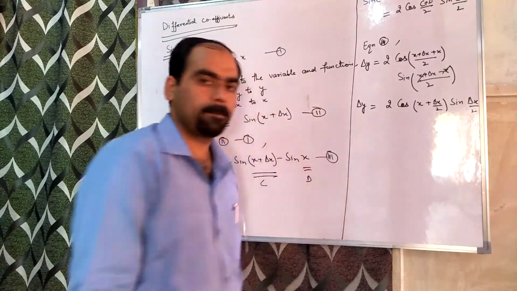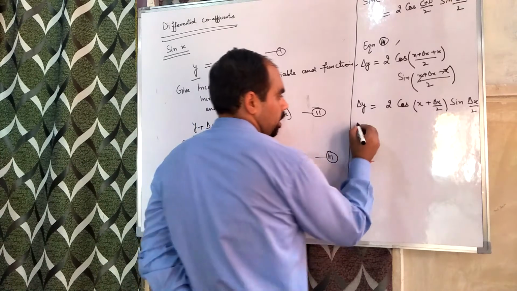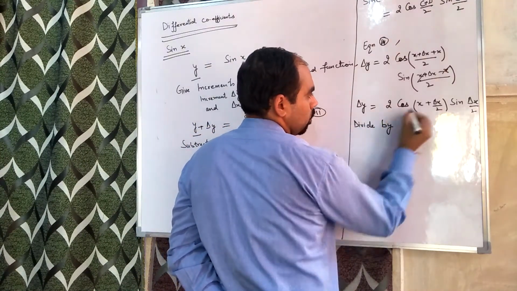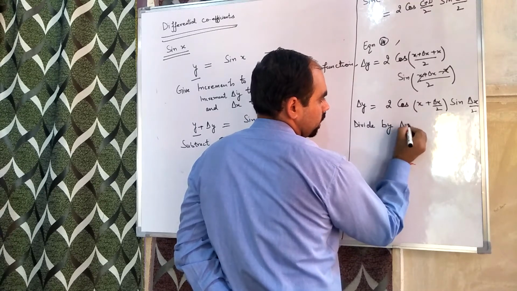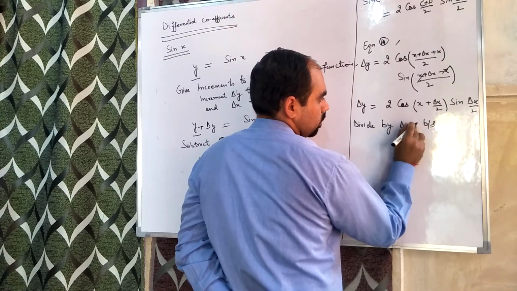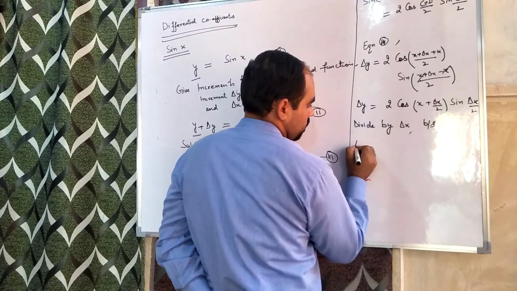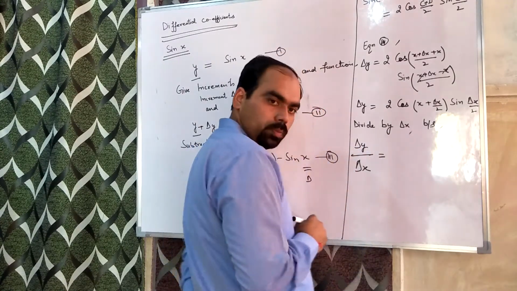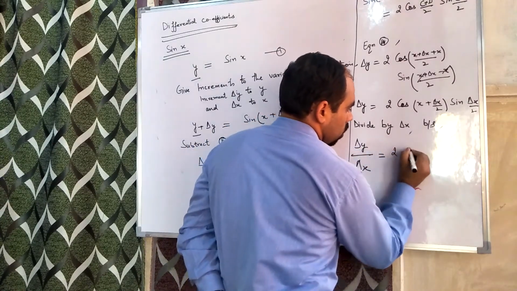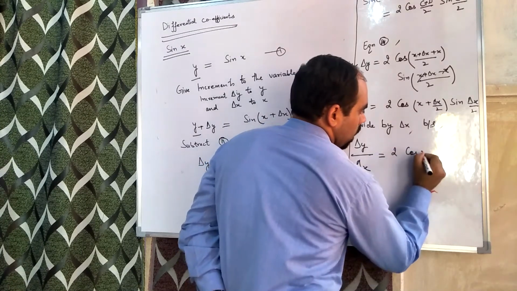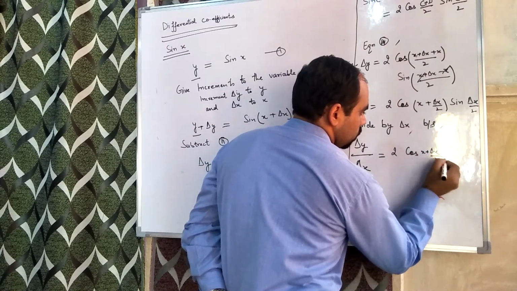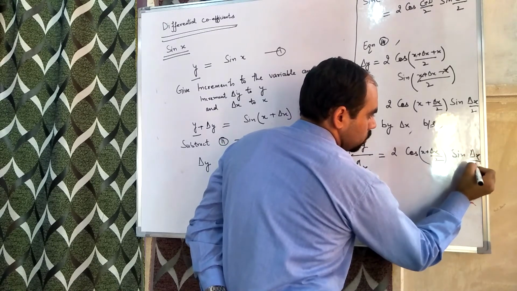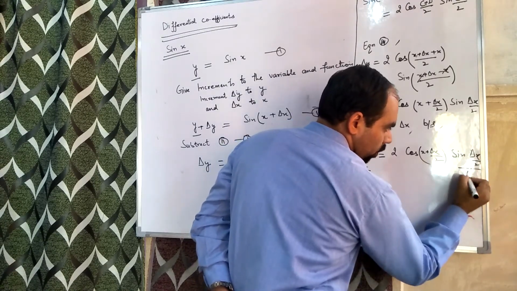Next step. What is your next step? Divide by delta x on both sides. So it is becoming delta y by delta x is equal to 2 cos of (x plus delta x by 2) sine of delta x by 2, this is the argument, upon delta x.